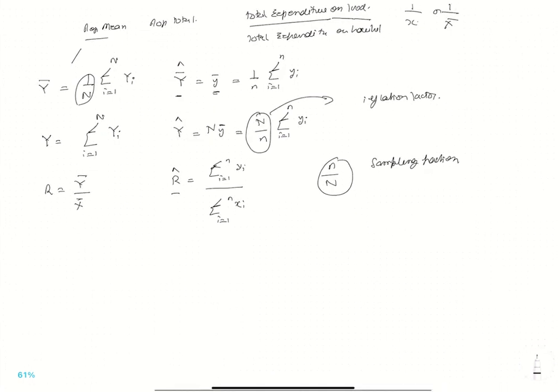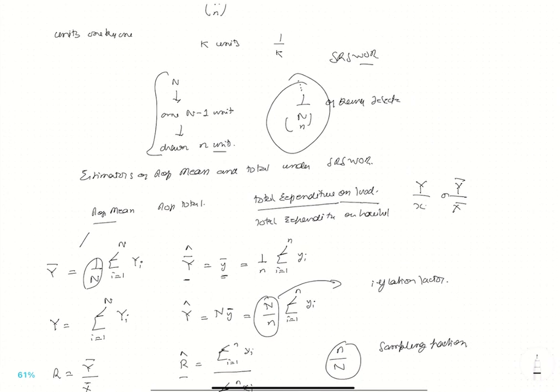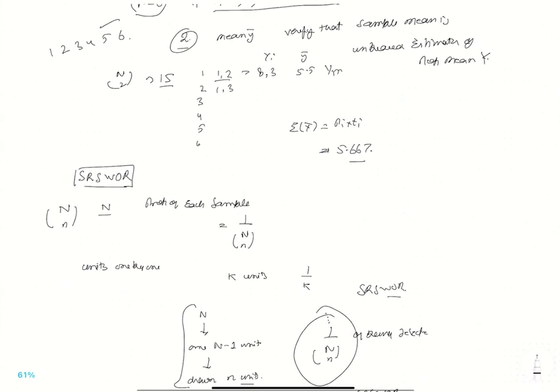So the theorem is that the sample mean y bar from a simple random sample is an unbiased estimator of the population mean Y bar. We had solved this here.